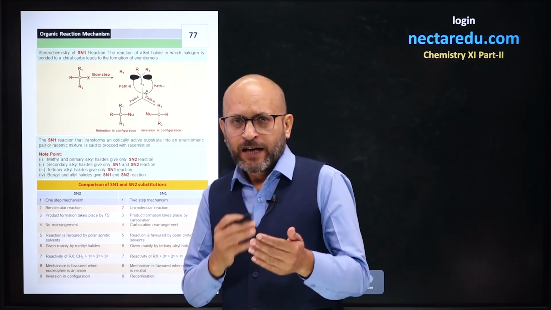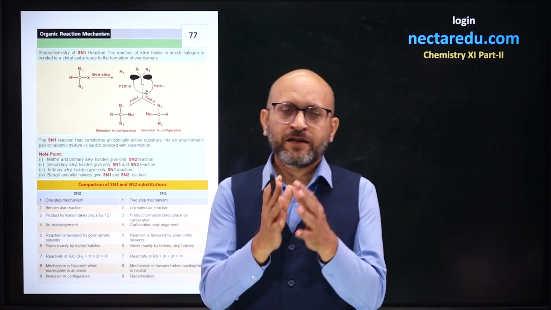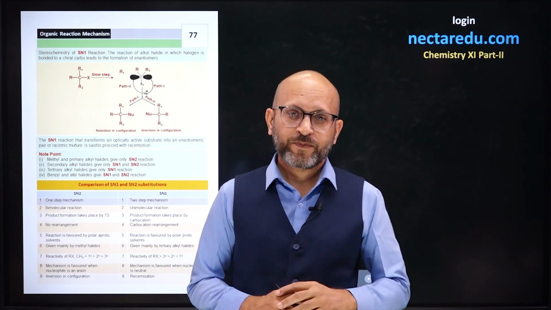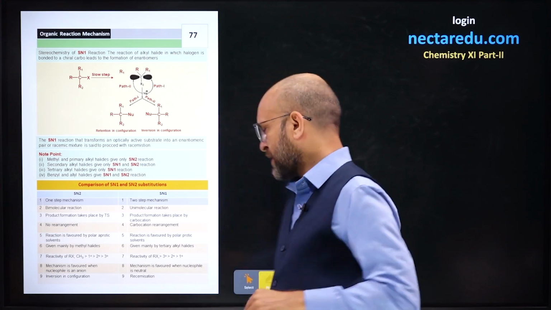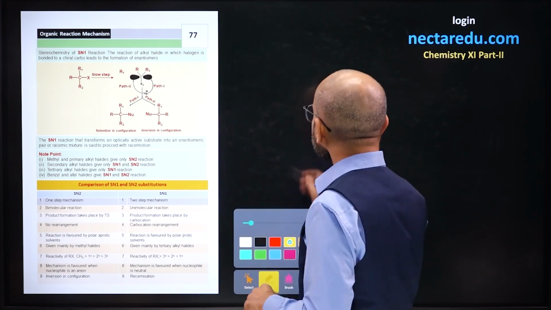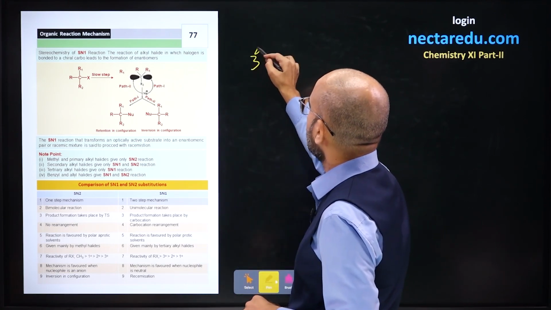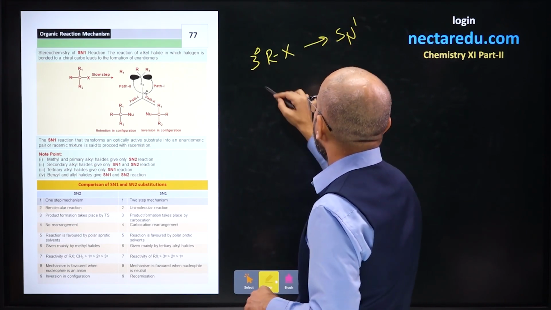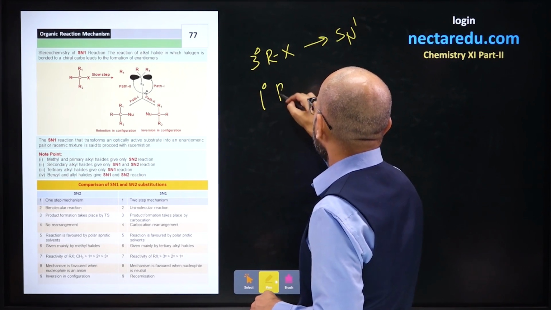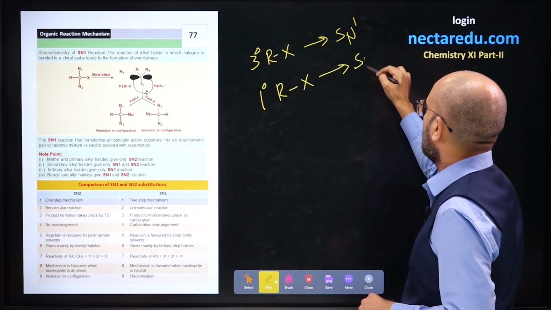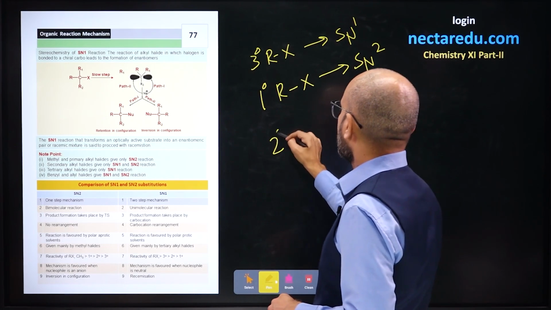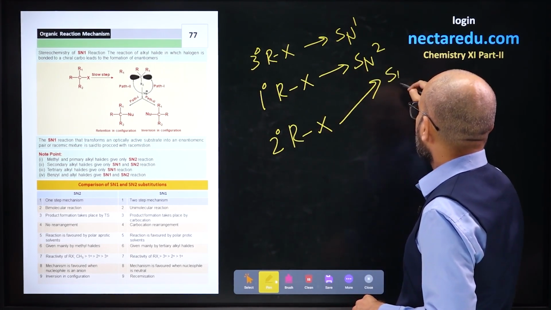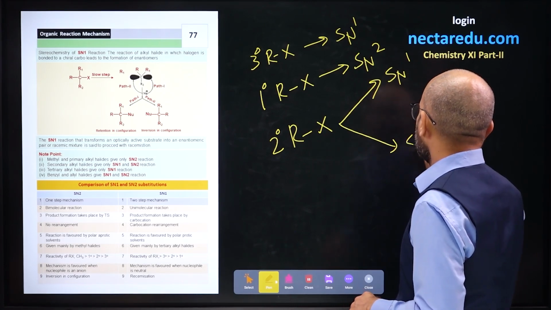Now, how do you figure out whether a particular reactant will show SN1 or SN2? I'll give you a trick for that. Just remember, if it is a 3 degree alkyl halide, you have SN1. If it is a 1 degree alkyl halide, you will have SN2. In 2 degree alkyl halide, we have the possibility of both.